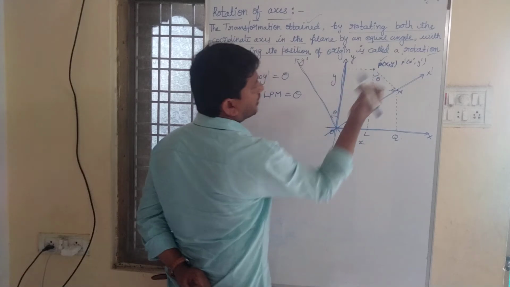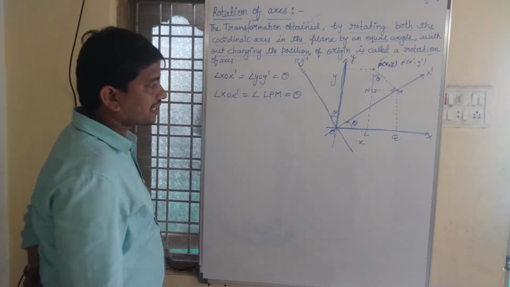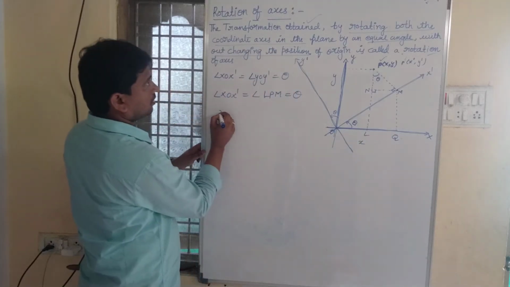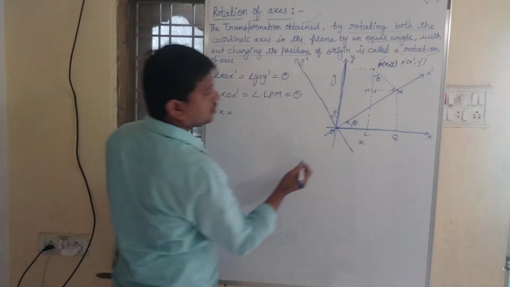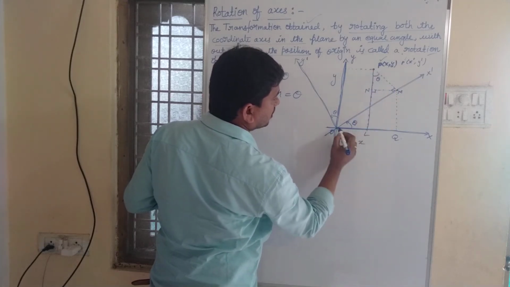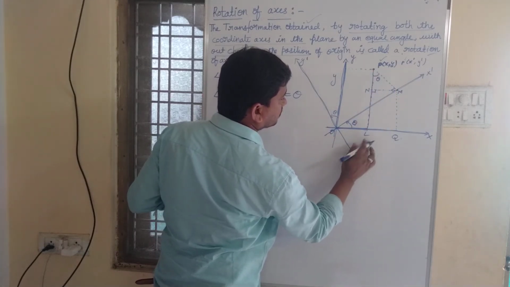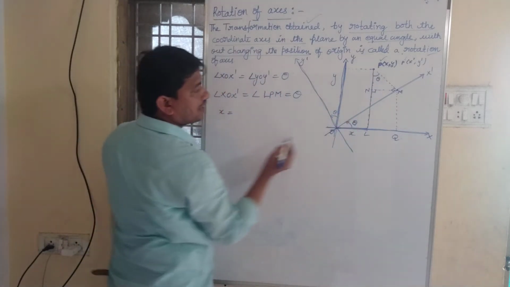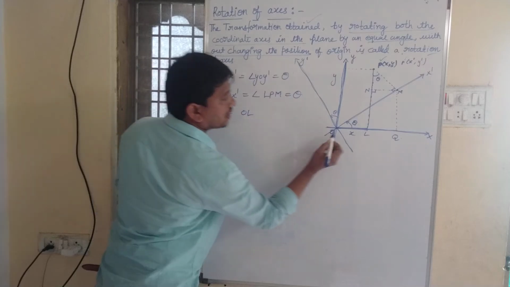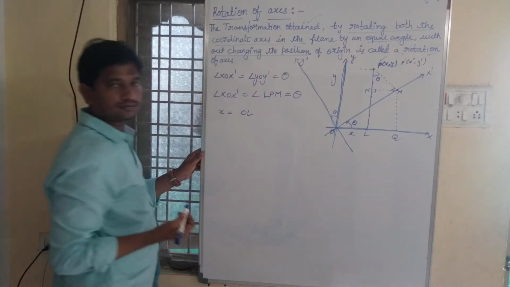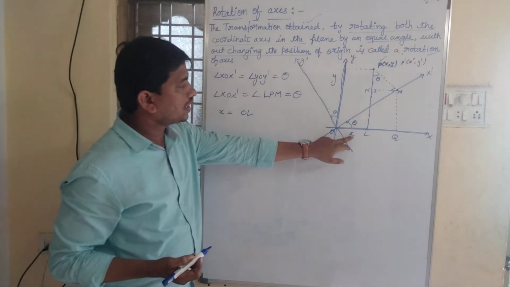Since this point is P of x comma y, x is nothing but OL, children. So x is equal to OL.